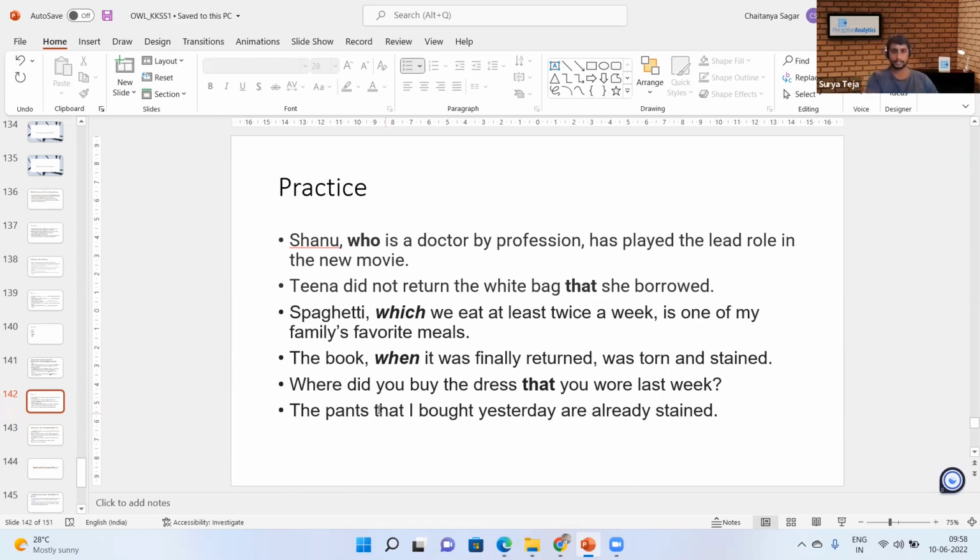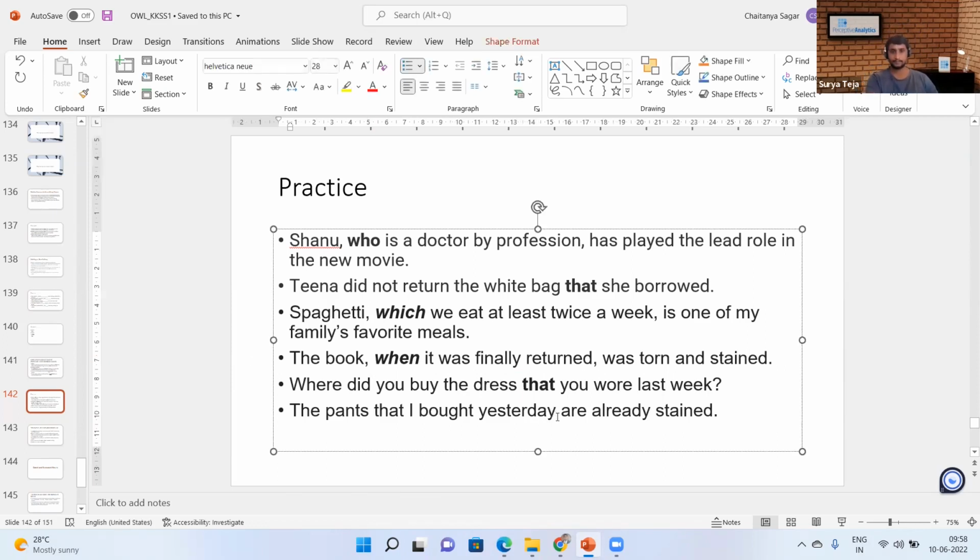If you just remove this particular clause and say the pants are already stained, is "that I bought yesterday" answering the main part? Is it answering the pants that are stained? Or is it just adding an extra information that I bought yesterday? Is it an additional information, or is it helping the person understand which pants you are referring to?